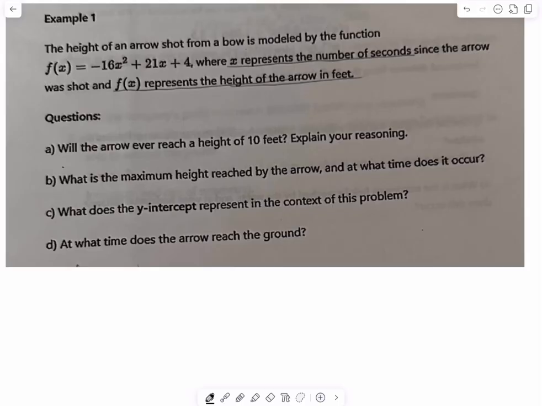Okay. So for part A, it says, will the arrow ever reach a height of 10 feet? Well, this equation gives us the height of the arrow based on the time. So we're just going to set the height equal to 10 and then solve for x.